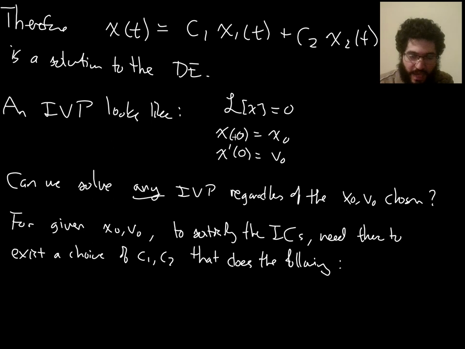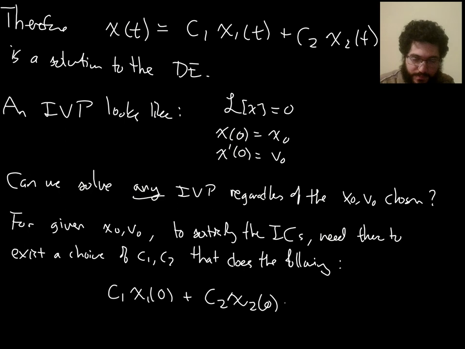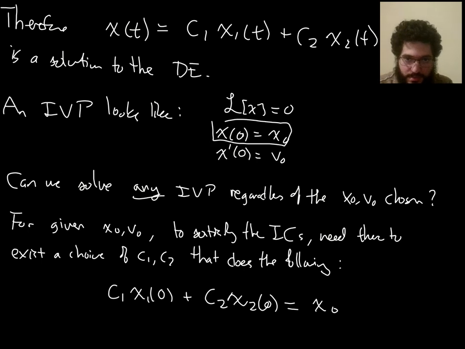So it needs to be that x of 0 is x naught. That means C1 x1 of 0 plus C2 x2 of 0 is x naught. And we also need x prime of 0 to equal v naught. So what I'm writing here is this equation, and then I'm going to write this equation.